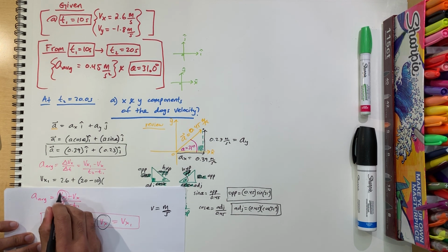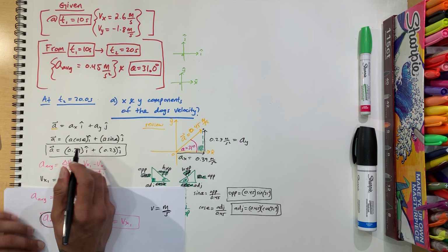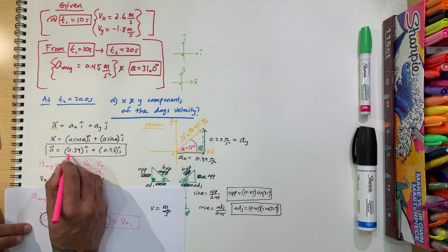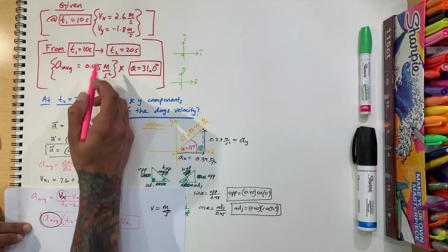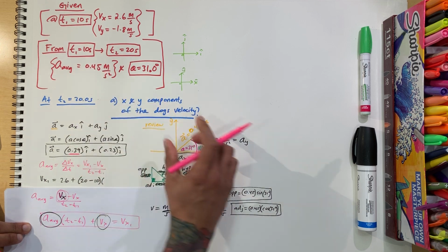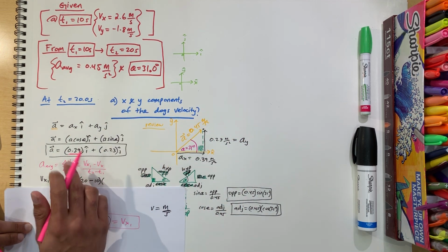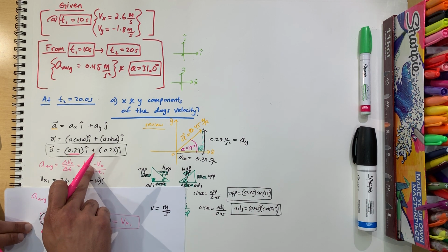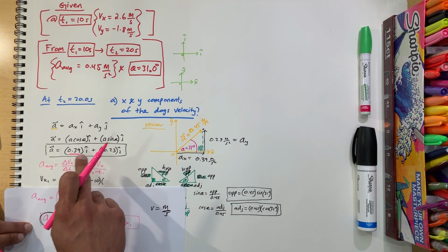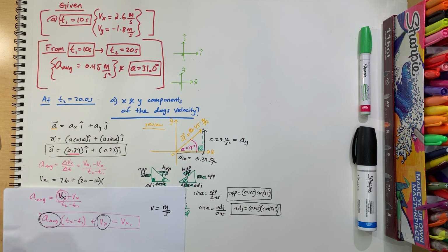Since we're doing the velocity in the x, we need to use the average acceleration in the x direction, which is this one. Don't get it confused with the original, because that's the total magnitude. Since we're describing the x direction right here, we need to only use the x acceleration.